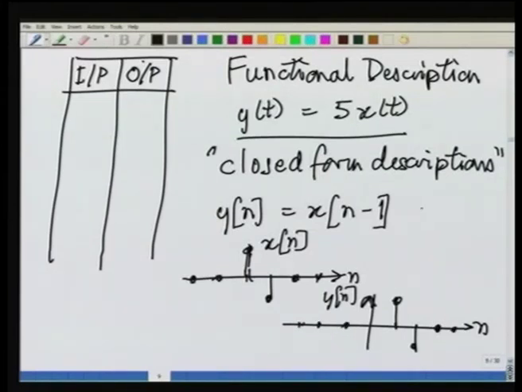This would be in fact called a unit delay, because y[n] is delayed by 1 unit of time with respect to x[n].